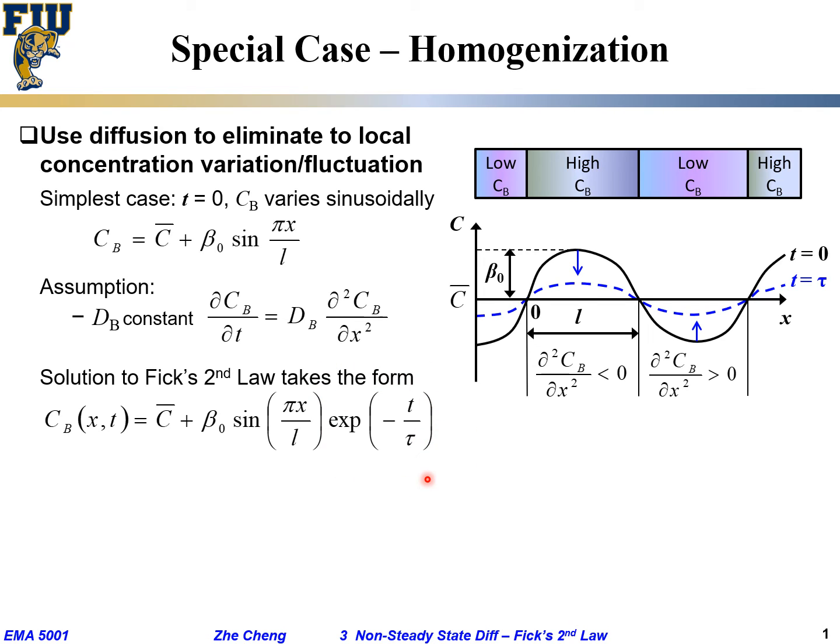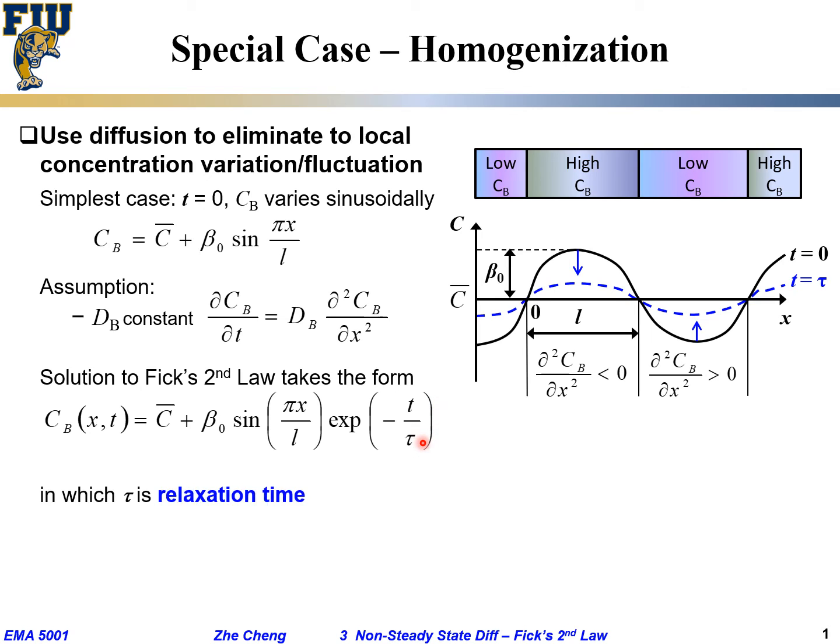It's always positive because it's exponential. And when t goes to infinity, exponential minus infinity is 0, which means as time goes to infinity, this fluctuation approaches 0. It doesn't really fluctuate. Please.